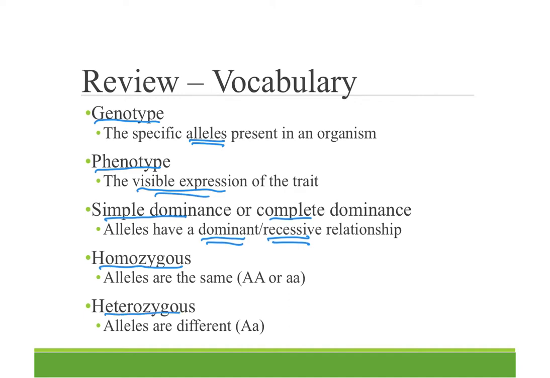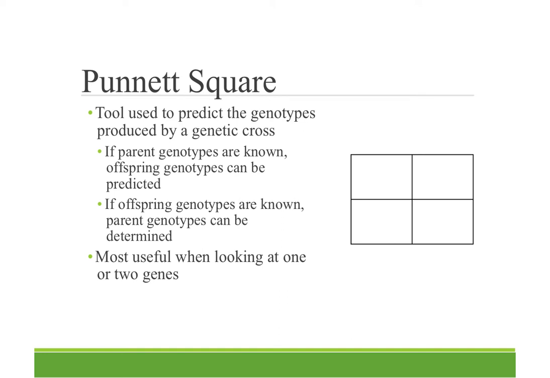So a Punnett square is a tool used to predict the genotypes produced by a particular genetic cross or breeding experiment. And it just looks like this chart over here. This is a Punnett square where we're only dealing with one particular gene, or two alleles per parent. If you know the parent genotypes, then you can predict the offspring genotypes.